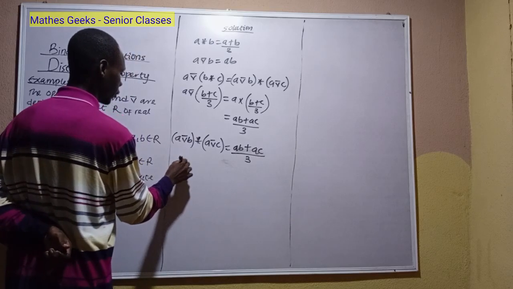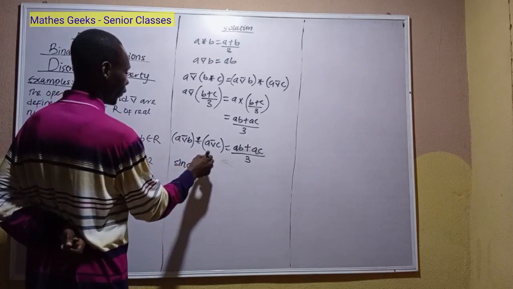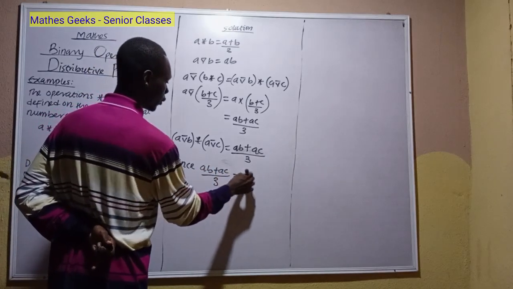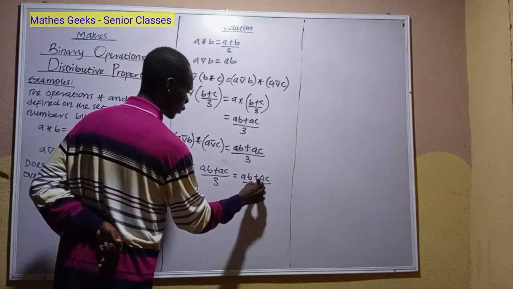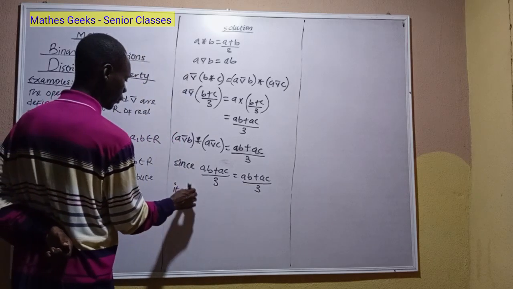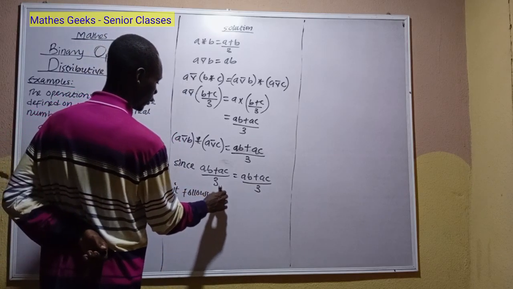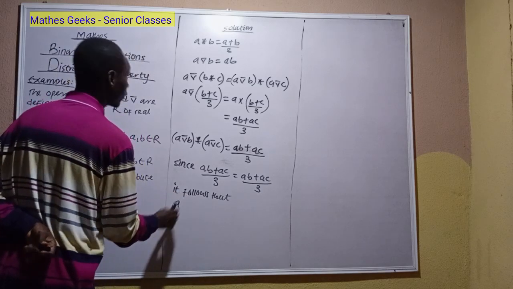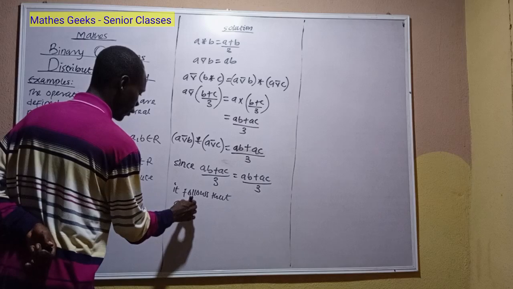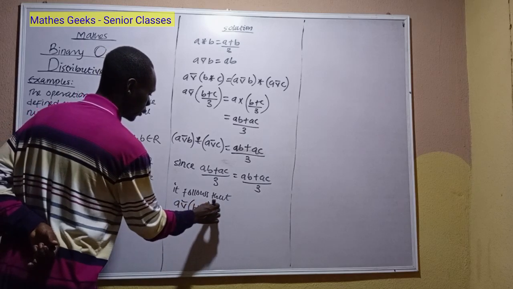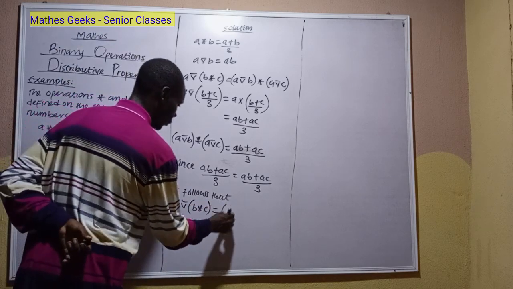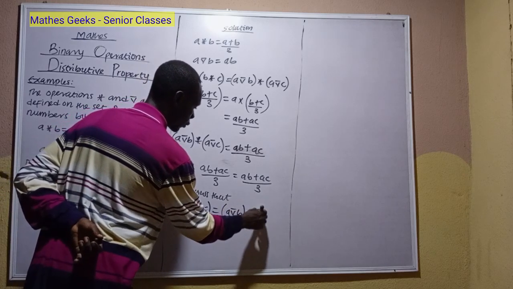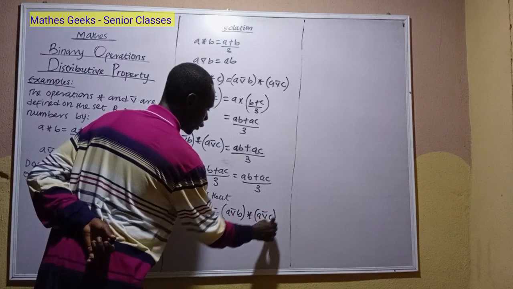So since (ab + ac)/2 is equal to (ab + ac)/2, it follows that a ∇ (b star c) is equal to (a ∇ b) star (a ∇ c).